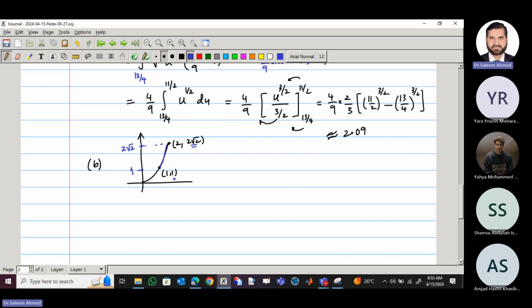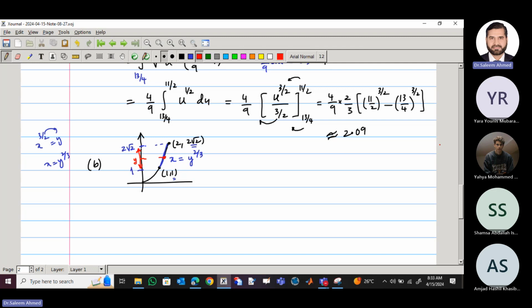But now I will write this function as x, right? So my x is y to the power 2 by 3, because x to the power 3 by 2 is y. So this 3 by 2 will become 2 by 3 on the other side, power 2 by 3, right? So this is my x, and y goes from 1 to 2 square root of 2, and any ds, right?